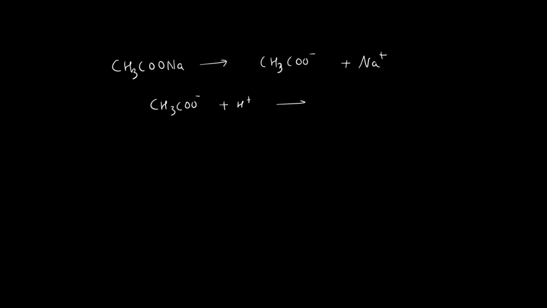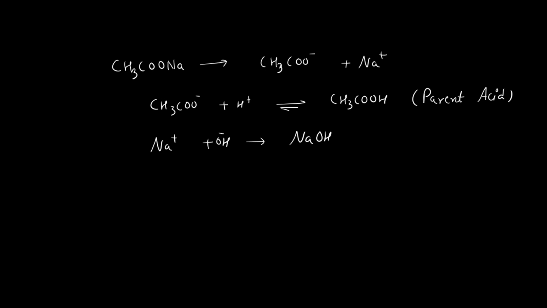This will give us acetic acid, ethanoic acid. This is the parent acid of this salt, and this sodium ion we react with OH negative and it will give us sodium hydroxide. This is its parent base. So this is how we can find the parent acid and base of a given salt.